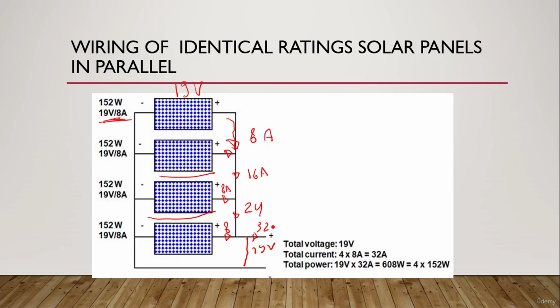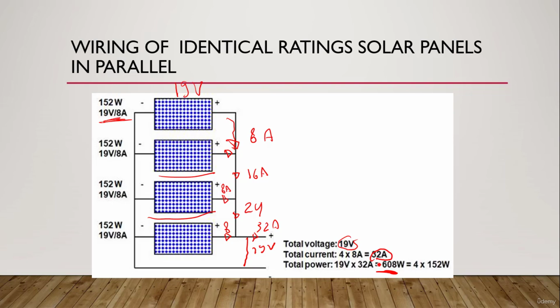So the total current of the parallel system is the number of PV modules connected in parallel times the current of each module. We're gonna get 4 times 8, which is 32 ampere. And the total voltage is going to be 19 volt. In this case, the total power is going to be 19 times 32, we're gonna get 608 watt. 608 watt for the 4 perfect, typical PV modules.